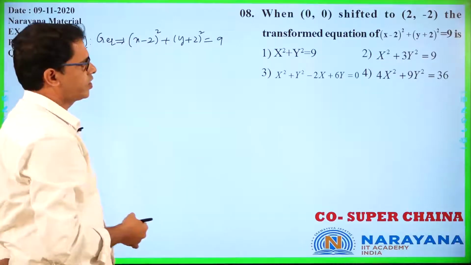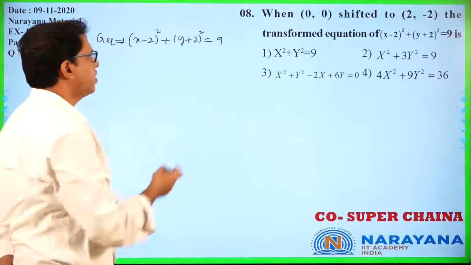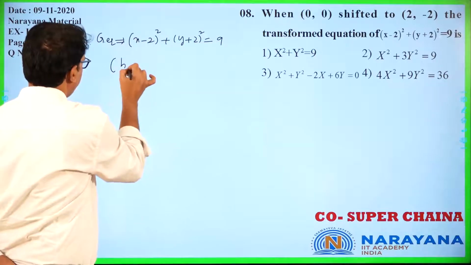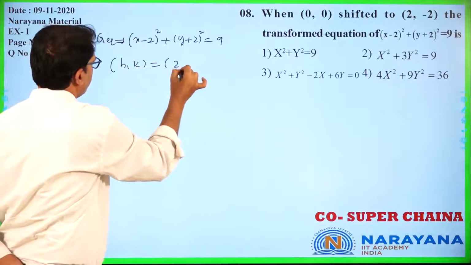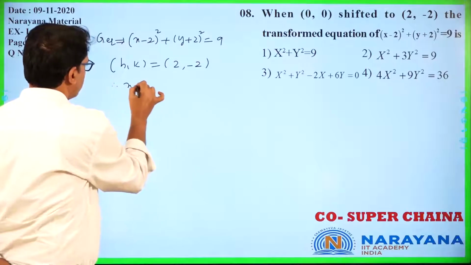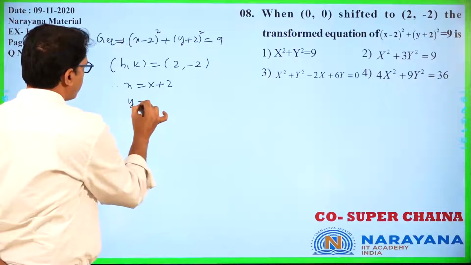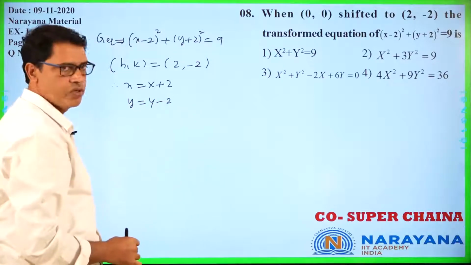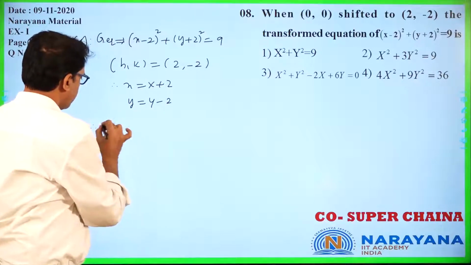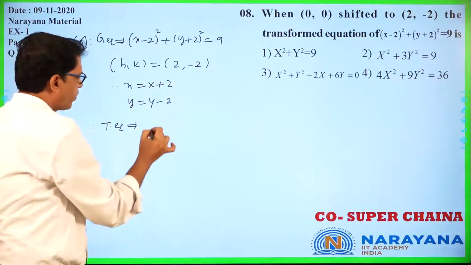Then you can write the formula directly. But you see, here we are shifting the origin to 2 comma minus 2. So h comma k equal to how much? h comma k equal to 2 comma minus 2. Therefore, small x is equal to capital X plus h, capital X plus 2. Small y is equal to capital Y plus k, minus 2. So replace these two values here. Therefore, transformed equation implies in the place of x, x plus 2.